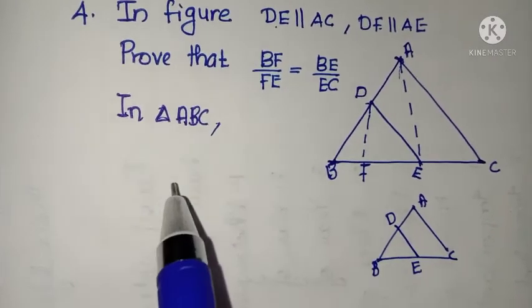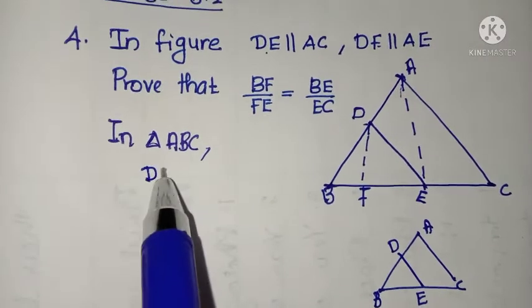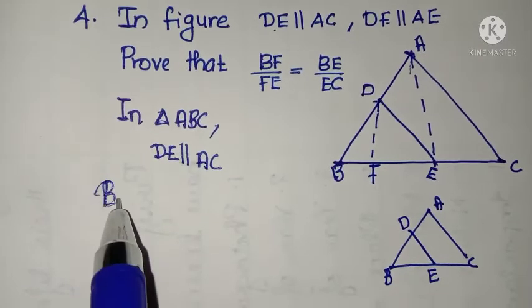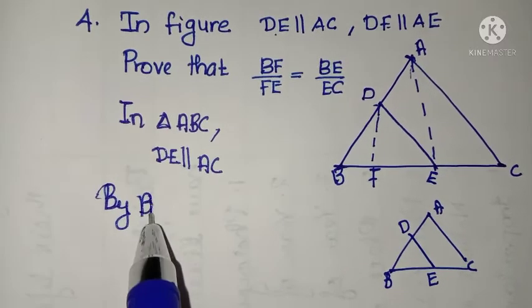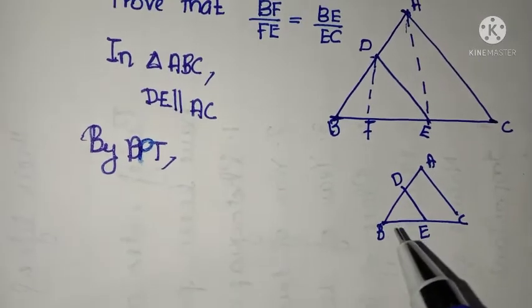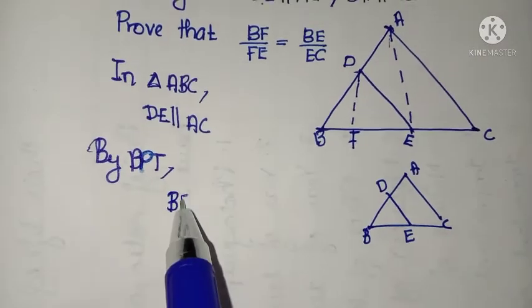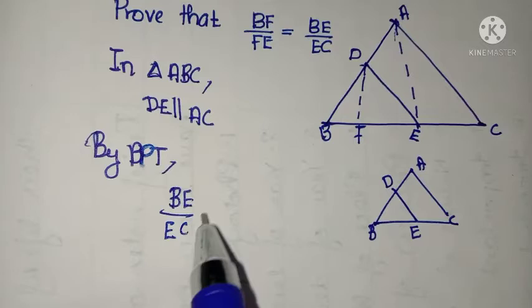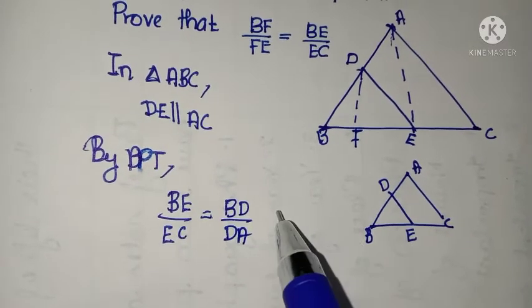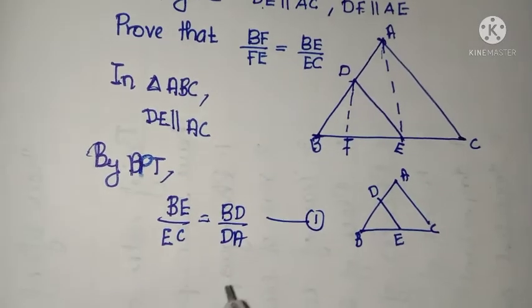So DE is parallel to AC means we can apply basic proportionality theorem. So by basic proportionality theorem, BE by EC is equal to BD by DA. Put it as equation number 1.